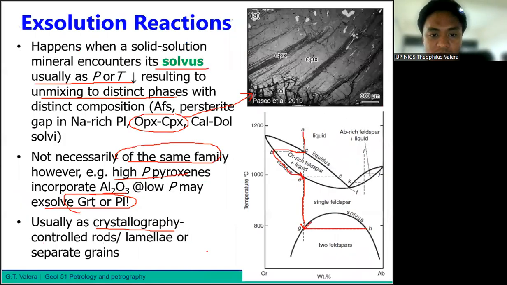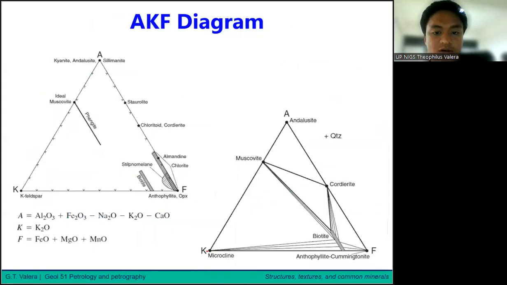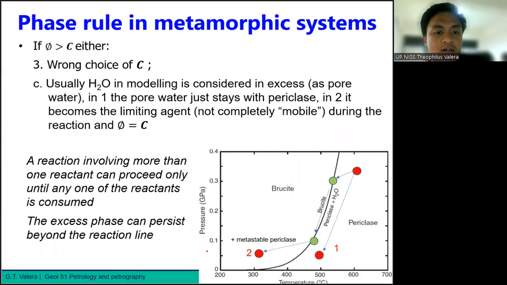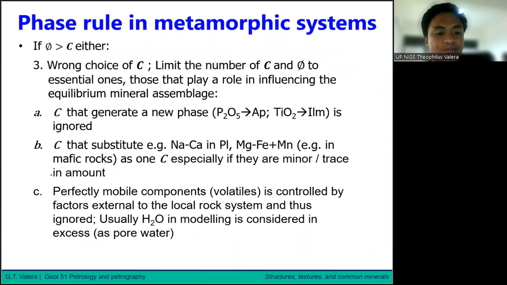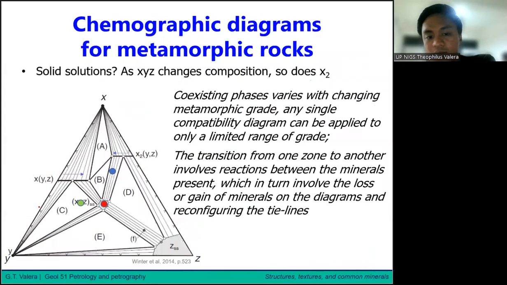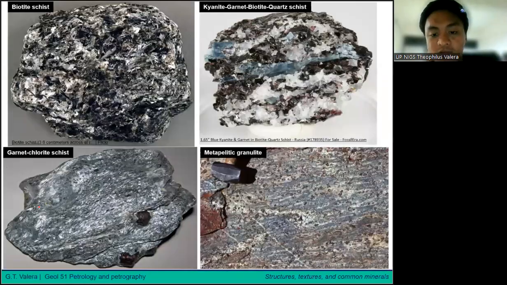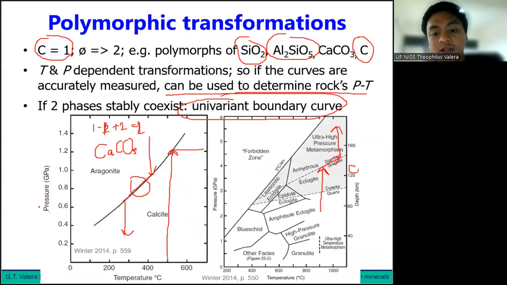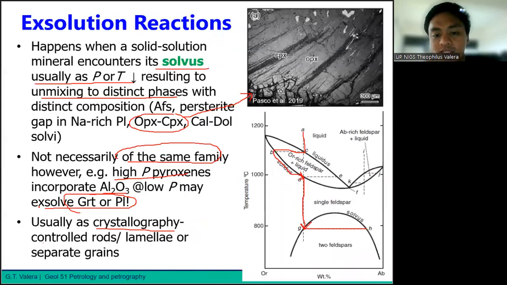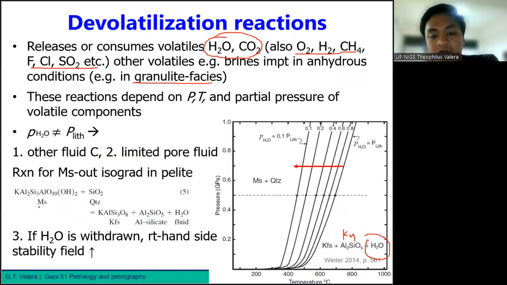Remember yung discussion natin dito sa what it means to be perfectly mobile for volatiles. So in this particular example, the fluid, water, is not completely mobile. Instead, it is needed for the reaction.